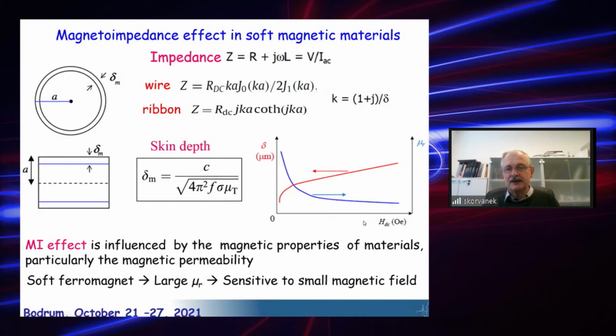So we can see on this picture, when we increase the DC magnetic field, the permeability will decrease and the penetration depth will increase. In this way, we can change the magnetoimpedance.